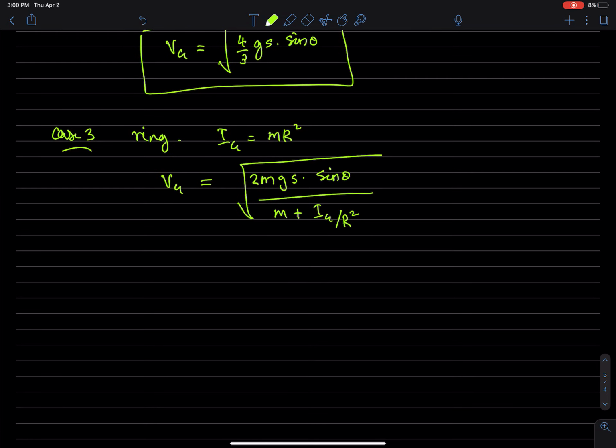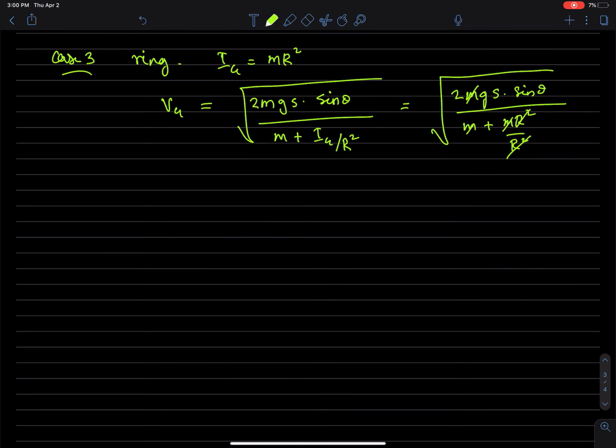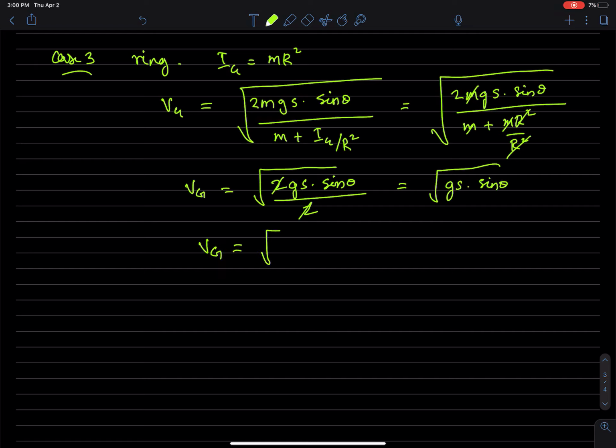And Ig by r square is just going to be m plus m r square by r square. The r square gets cancelled, the m's get cancelled, and you've got square root of 2gs sine theta divided by 2, in fact. So that's going to be square root of gs sine theta. Okay, so Vg is square root of basically 1 times gs sine theta.